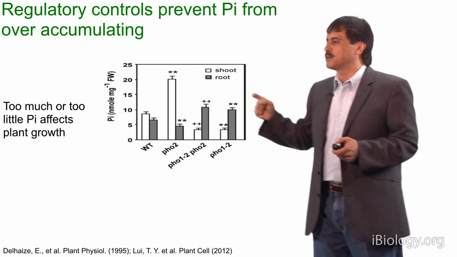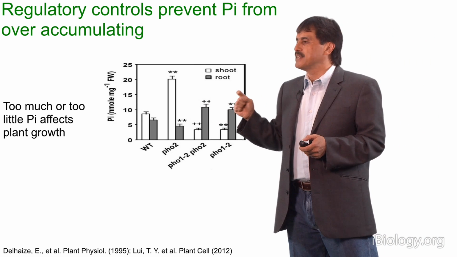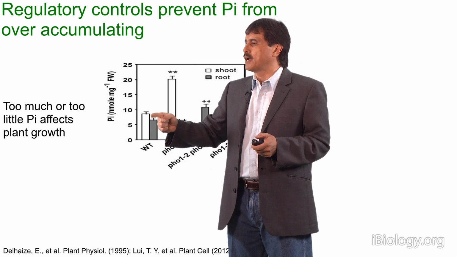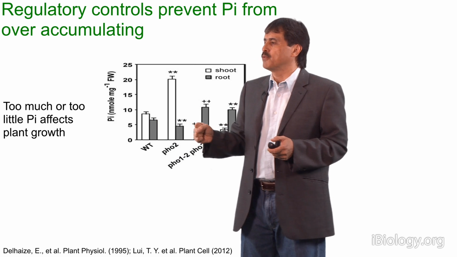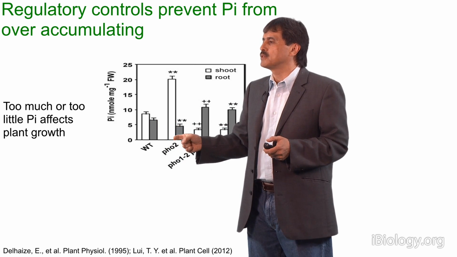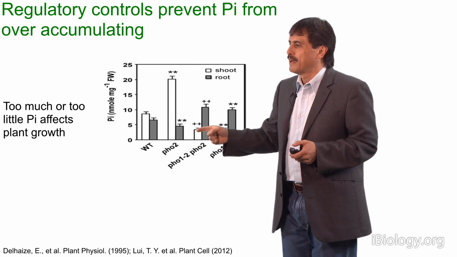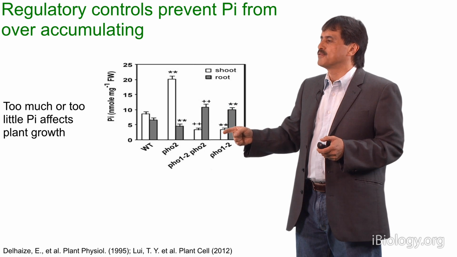These mutants were isolated by Manny Delhaize and Peter Ryan. In the wild type, the phosphate content in the shoot and the root is more or less similar. The PHO2 mutant overaccumulates phosphate in the shoot, and the PHO1 mutant doesn't accumulate phosphate in the shoot.